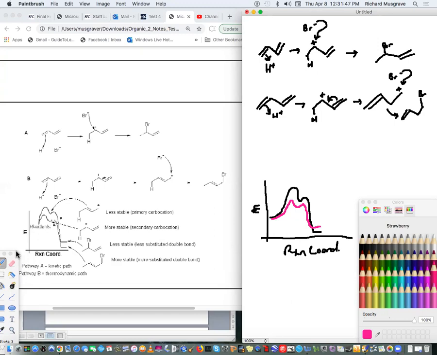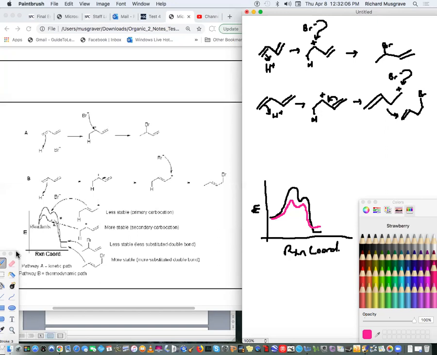In the first one, you'll notice that we have H plus joining to the double bond. Generally, the pattern with that kind of mechanism is that the H goes on one side and the plus goes on the other. When you're determining which side the plus goes on, you've got to think, which cation would be more stable?